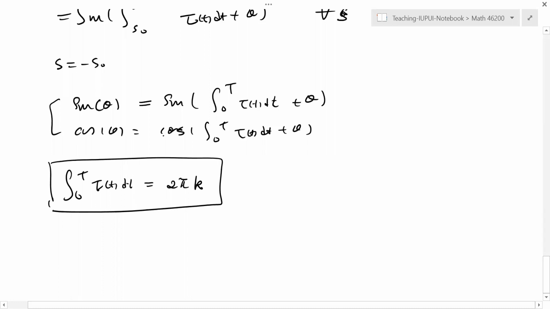Okay. So if you get a curve on the sphere, you take the torsion, the total torsion must be 2 pi k. Now it's possible it's 0, right? But it's not clear from here. We cannot guarantee that it is going to be 0.